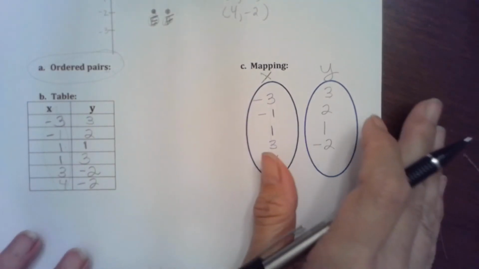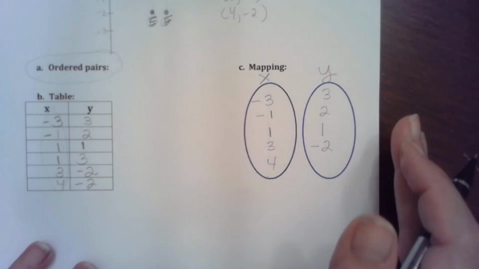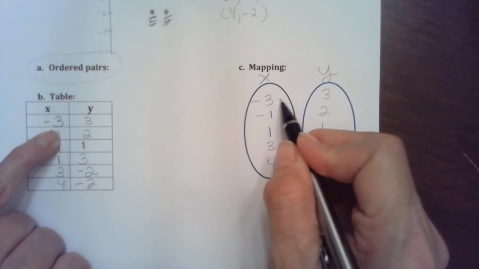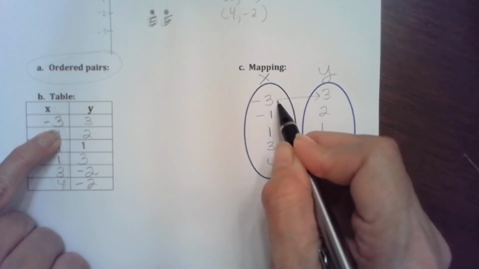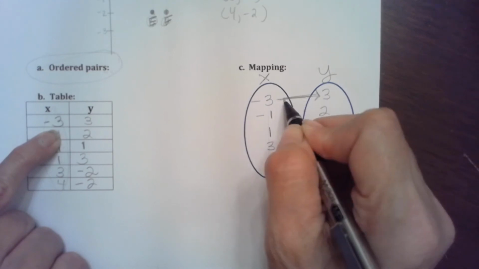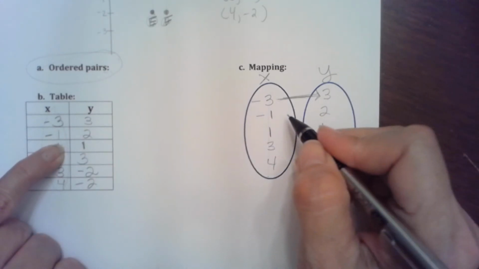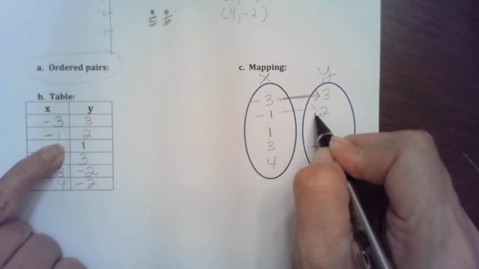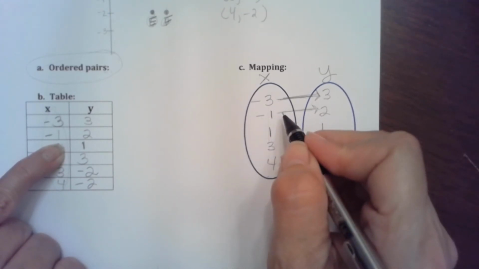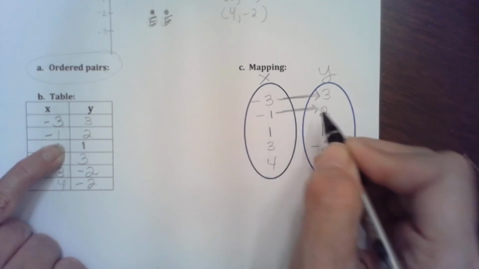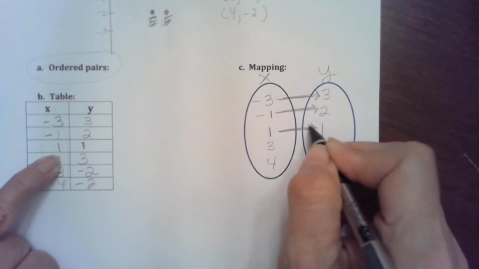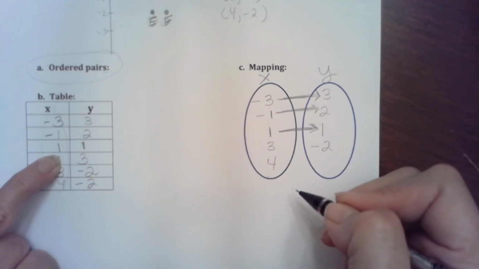Okay, so now to draw the mapping, we just draw an arrow to show what goes with what. So -3 goes to +3, so we draw an arrow. -1 goes to 2. Make sure you're going in this direction. You're always drawing the arrow from x over to y. Now from 1 to 1, so far we're just going straight across.